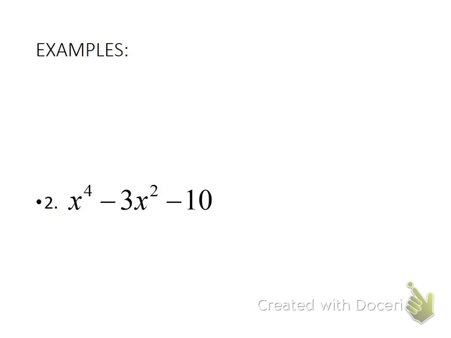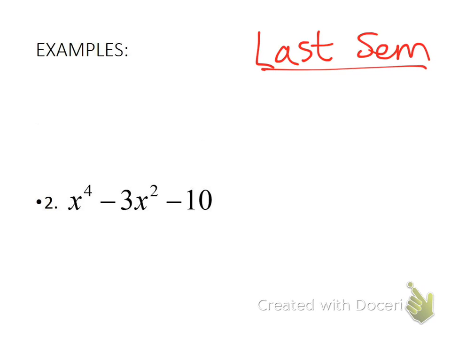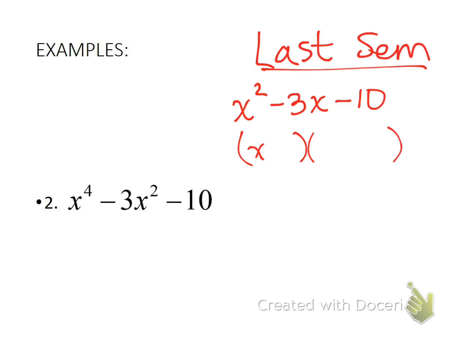Number 2. Again, we don't have to do the last semester equivalent, but if we wanted to, this type of problem would have looked like x squared minus 3x minus 10. When we factored into our parentheses, what would have gone in the front? x and x to multiply to that x squared. What would my signs have been? Good.